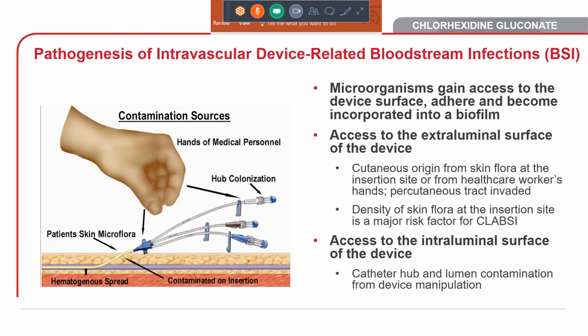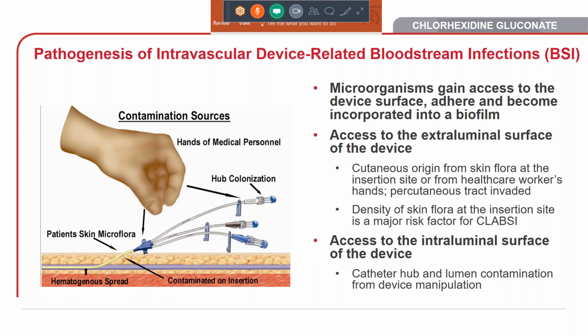The pathogenesis of intravascular device-related bloodstream infections is shown here for you. The organisms that can cause bloodstream infection are going to gain access to the device surface. They adhere and they become incorporated into a biofilm. The access to the extraluminal surface of the device occurs as a result of skin flora at the insertion site, as well as from the hands of healthcare workers who are inserting the catheters.